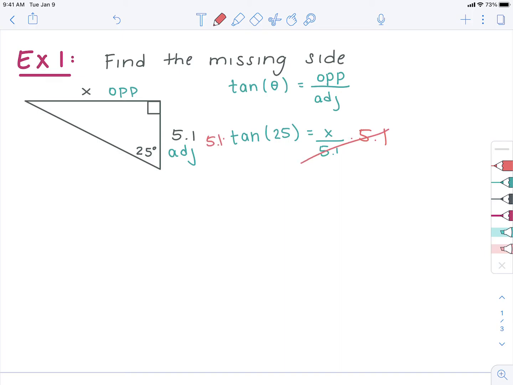And when I do that, I end up with 5.1 tangent of 25 equals x. And now I want to type this entire piece into Desmos the exact way I see it. I want to type in 5.1 tangent 25, and that will spit out my final answer.